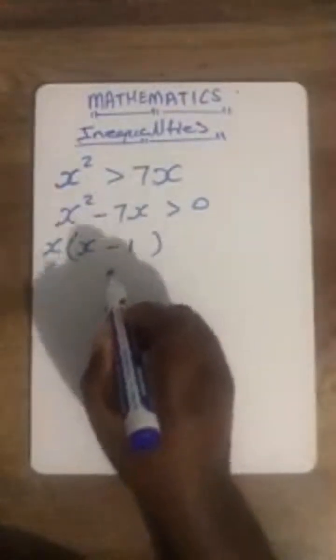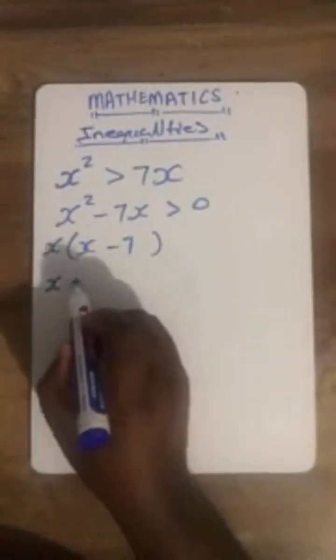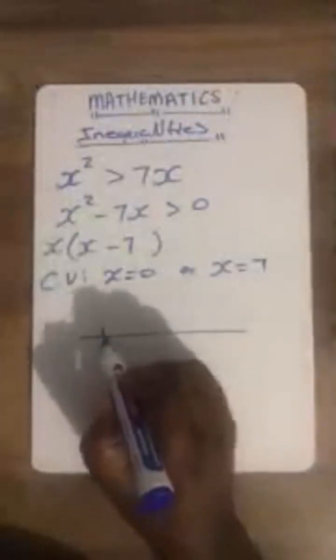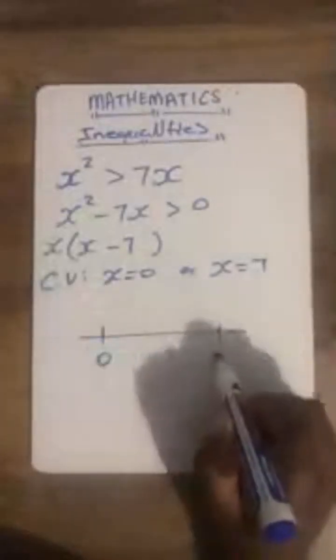So that means what I would do is to take that to the other side, and then I still have that. Then I take out x as common factor. It means I have x times x minus 7. If that equals 0, I must firstly say critical values. Then I can say x equals 0 or x equals 7. And then that's when I can represent those on a number line: 0 and 7. Most importantly, circles which are not shaded.